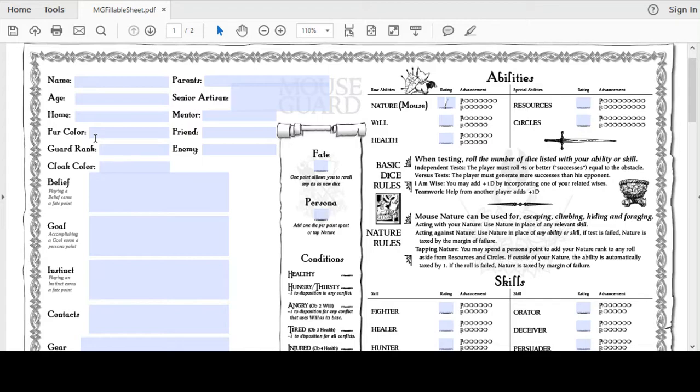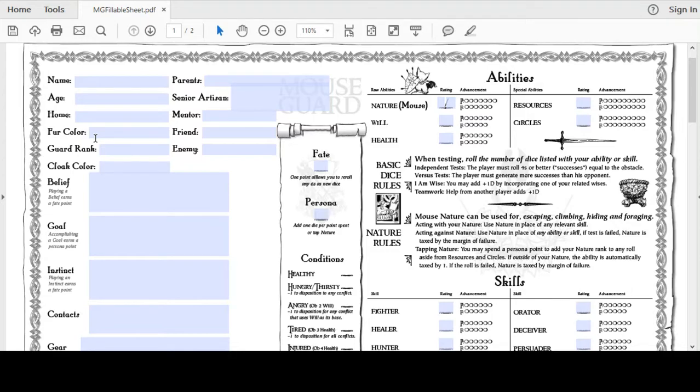How are you as a mouse? Are you the thinking, step back and take it all in kind of person, or the type that's just going to rush into battle every time? That's stuff that we're going to figure out now as far as who the character is. And then next video, we'll get into the abilities and the skills and all that stuff.